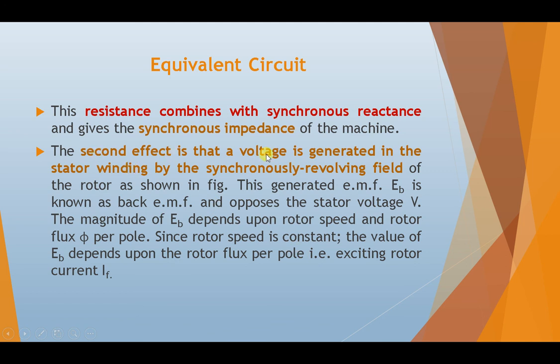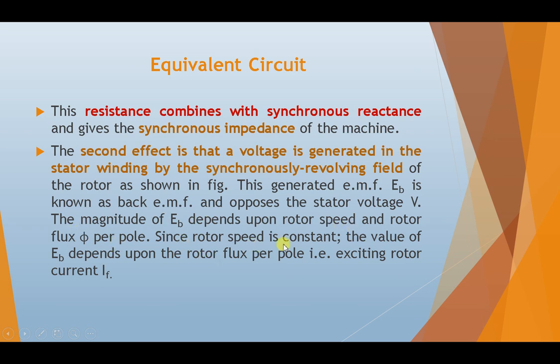The effect is that a voltage is generated in the stator winding by the synchronously revolving field of the rotor. The generated EMF EB is known as back EMF and opposes the stator voltage or the supply voltage. The magnitude of EB depends upon the rotor speed and the rotor flux per pole.